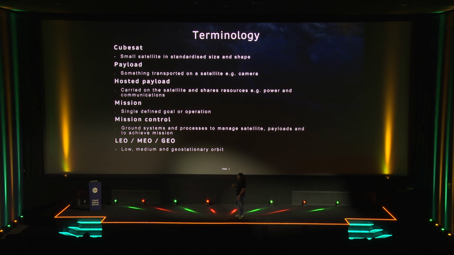A hosted payload is something that stays on the satellite after we launch and shares resources, for example, power and communications. A mission is a single defined goal or operation. Mission control is the software and processes we use to manage satellites. And then there are different types of orbit: LEO, MEO, and GEO. I'm really talking about low Earth orbit, which is LEO, because that's currently where we operate our compute nodes.